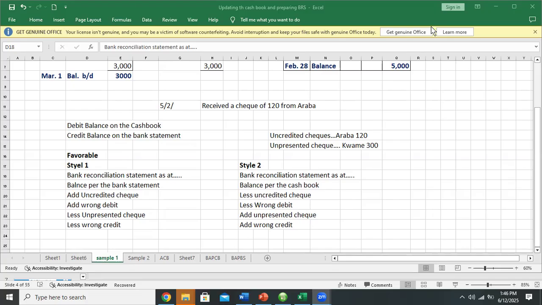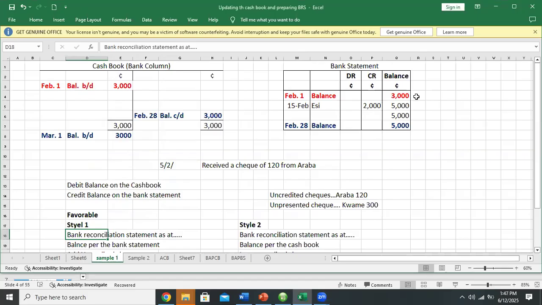Okay, maybe they want me to mention it. The question again: if your bank statement, I mean this statement, shows a balance that is a debit balance, what is the term used to describe that?